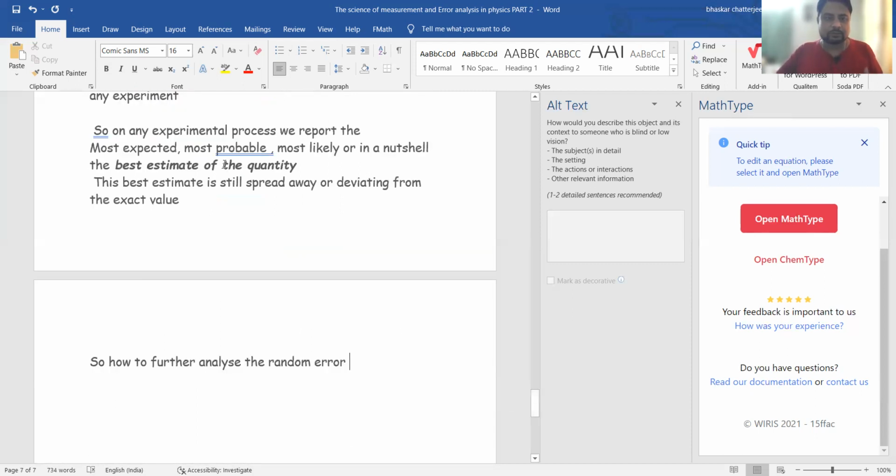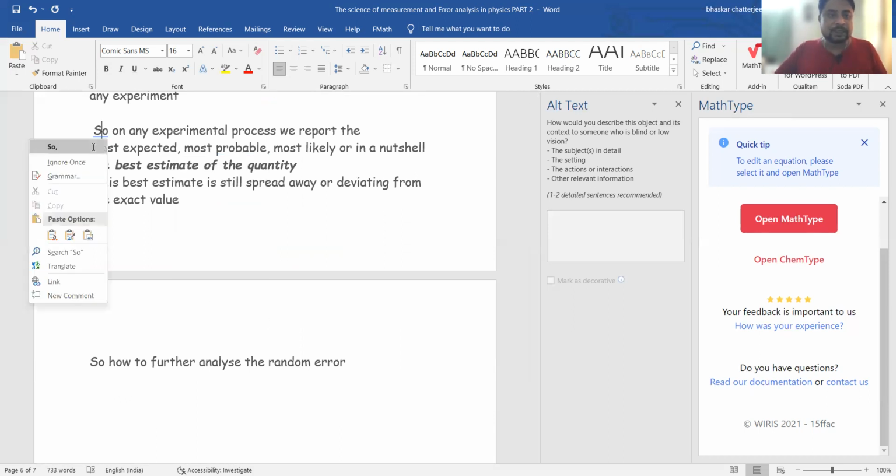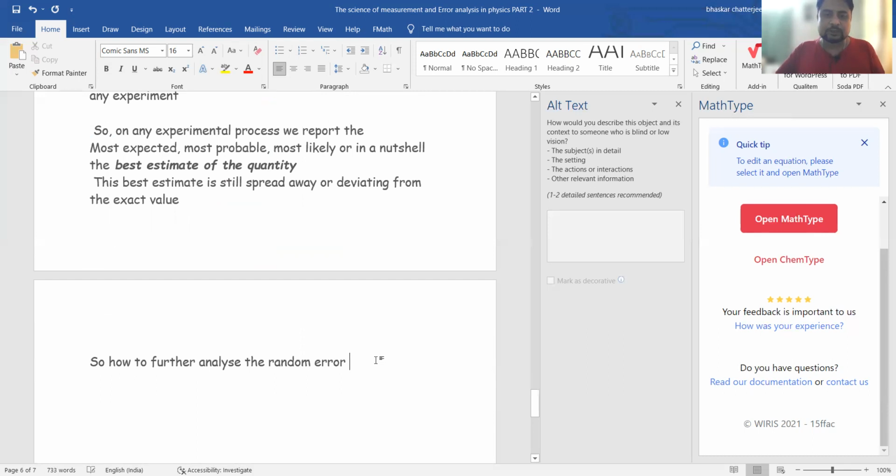They creep into your measurement process due to factors which you cannot control. You are measuring the time period of a pendulum, and suppose in a closed room someone opens the door very fast. The air disturbs the oscillations of the pendulum, so you are getting a wrong time period.